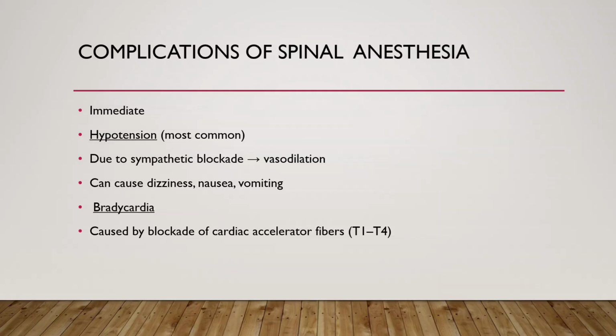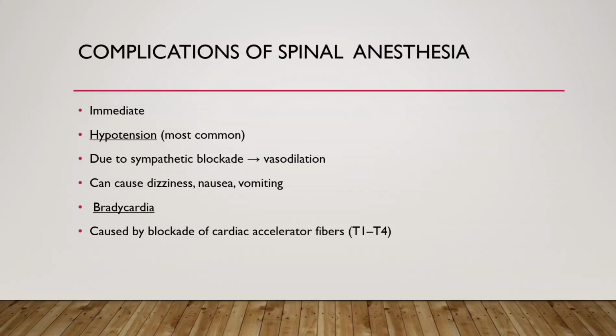Next we are going to discuss the complications of spinal anesthesia. First, the immediate complication, intraoperative, is hypotension. Hypotension is the most common complication of spinal anesthesia. Mild hypotension occurs in almost all patients, and significant hypotension may be seen in up to one-third of the patients.